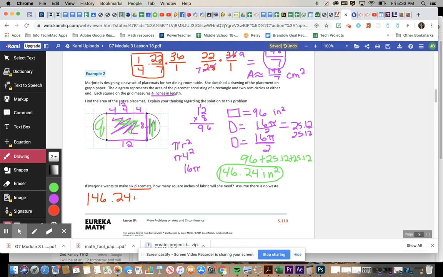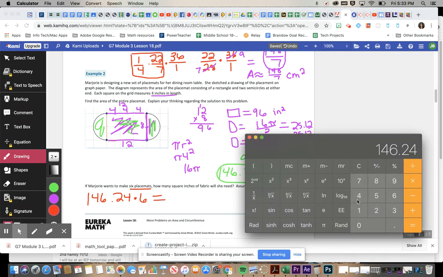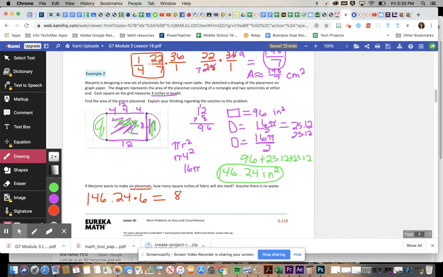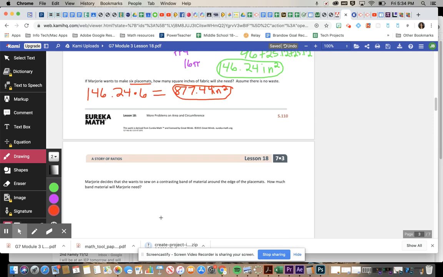And if she wants 6 of those, I'm going to times that by 6 to figure out how much she's going to need total. So times by 6, 877.44. 877 and 44 hundredths inches squared is how much she will exactly need for those 6 placemats.